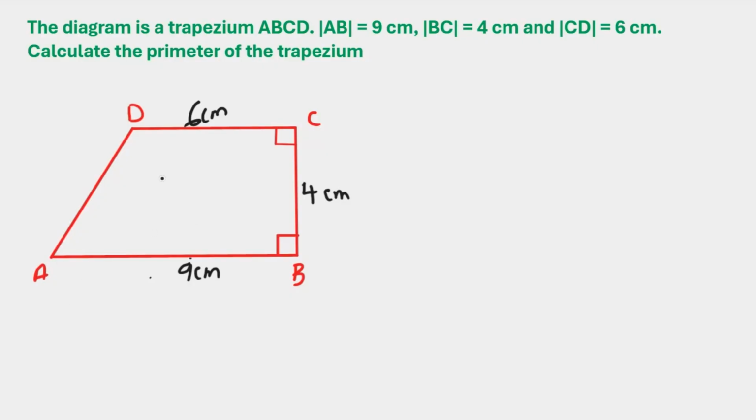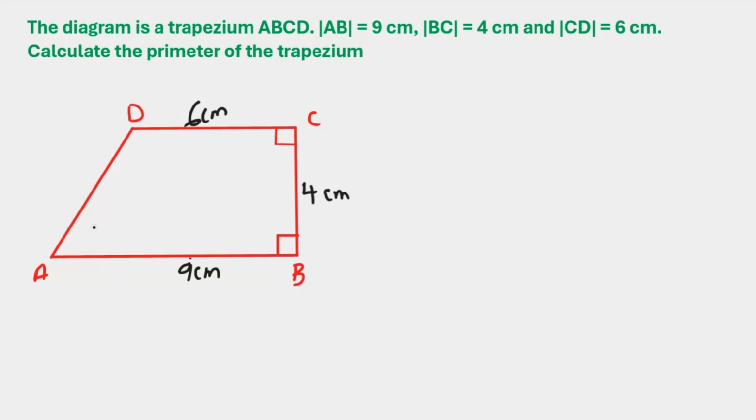So when you take this particular trapezium, the perimeter of it is going to be AB plus BC plus CD, and plus AD or plus DA. But as we speak, we have only 3 sides. We have to get the 4th side so that we can find the perimeter of the trapezium. So how do we find the perimeter of this shape?